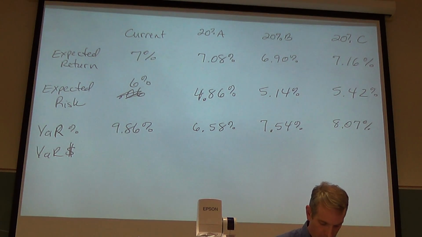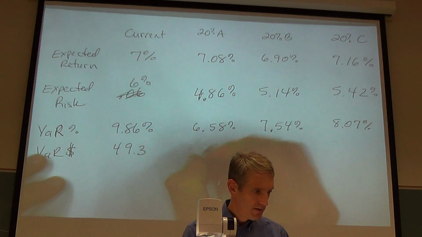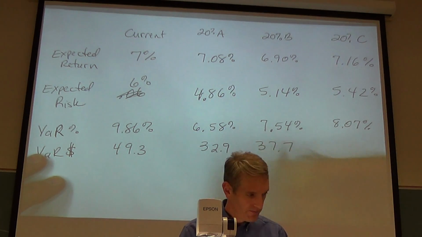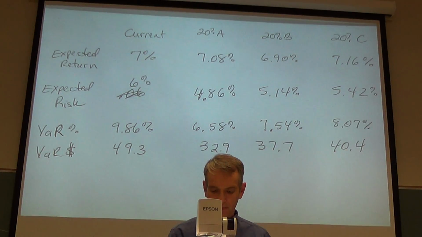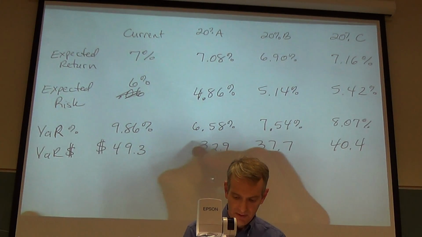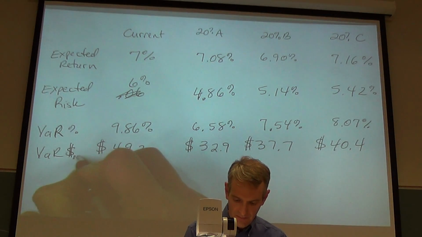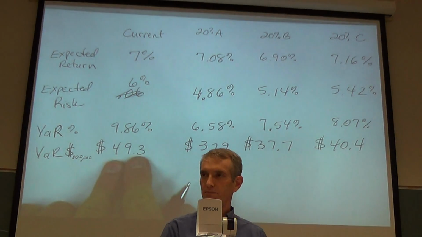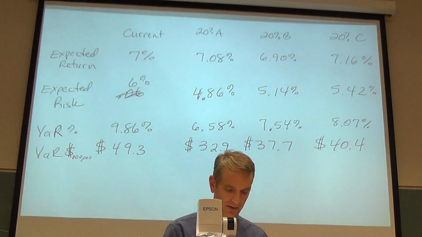I get 49.3, 32.9, 37.7, and 40.4. Those are in dollars, in millions. So we said that the portfolio's current VaR was 50 million, but it's pretty close. It's 49.3 million.